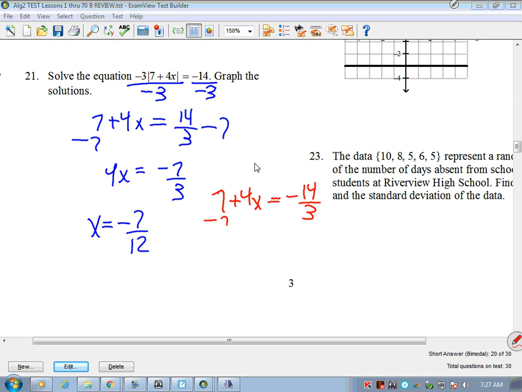So we're going to subtract 7 from -14/3, and we get -35/3 divided by 4, and we get -35/12.